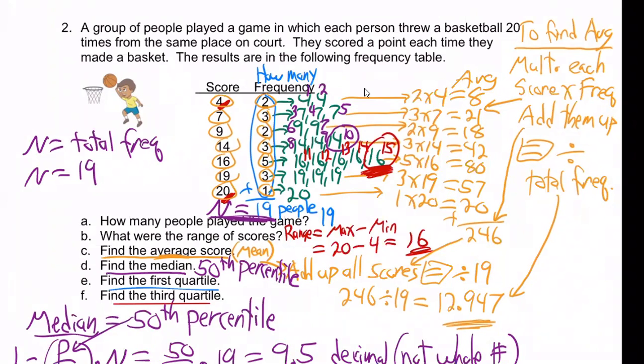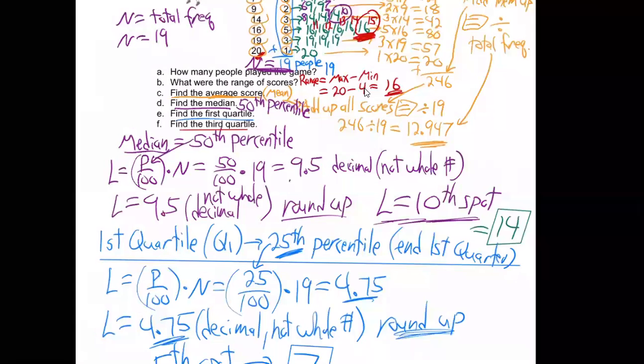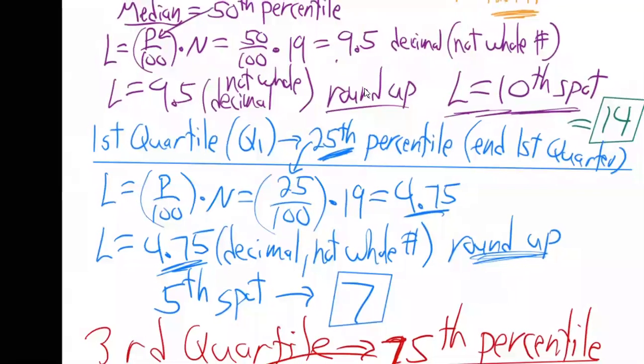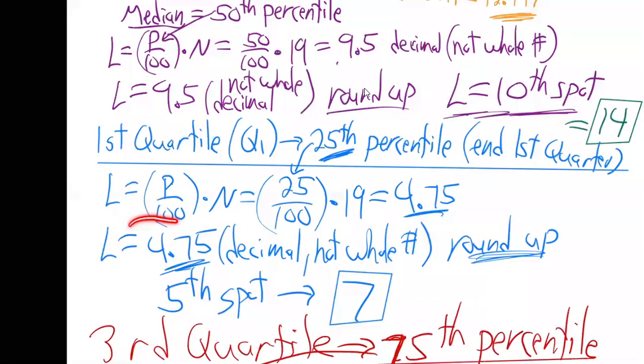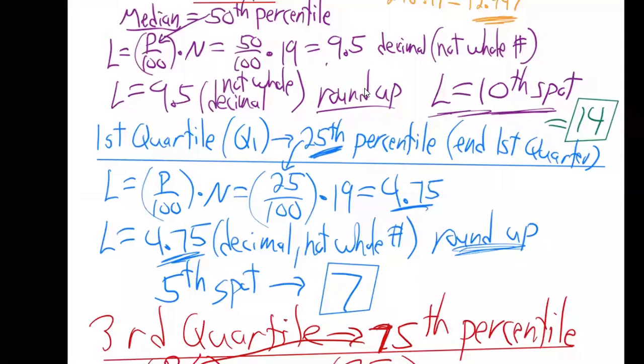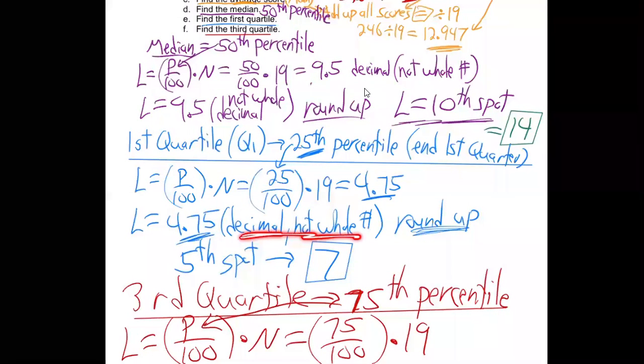Yeah, especially, good point, Stellan. Especially this L equals P over 100 times N formula. Remember the 2 different things we do with that. That's the most important thing. If it comes out to be a decimal, what do you do in that case? Round up, and then just go grab the one number in that spot.